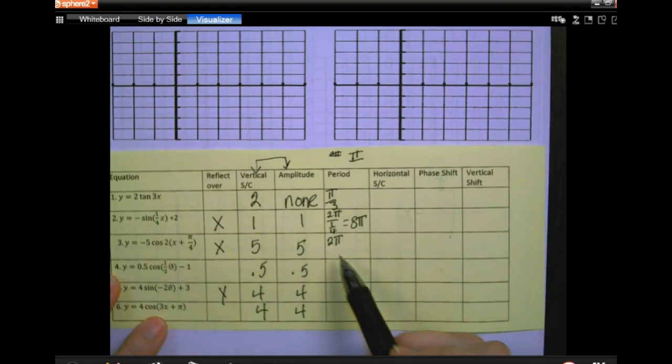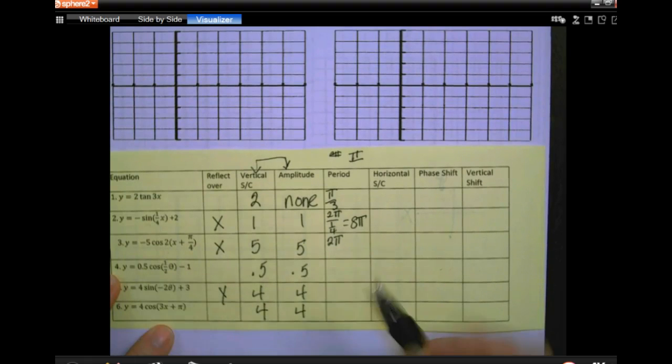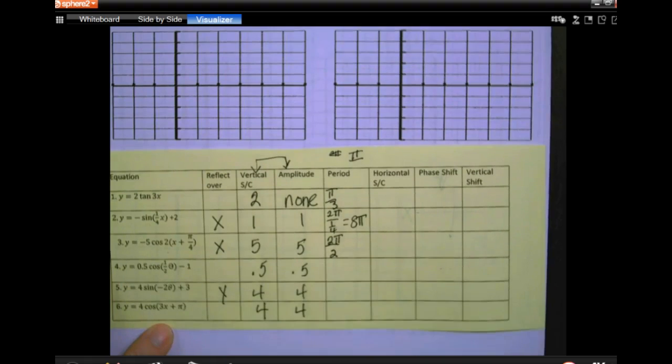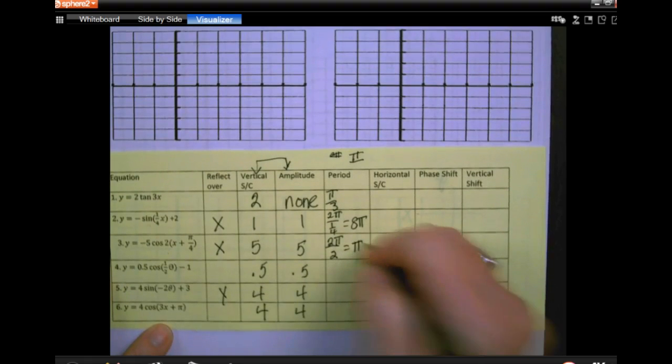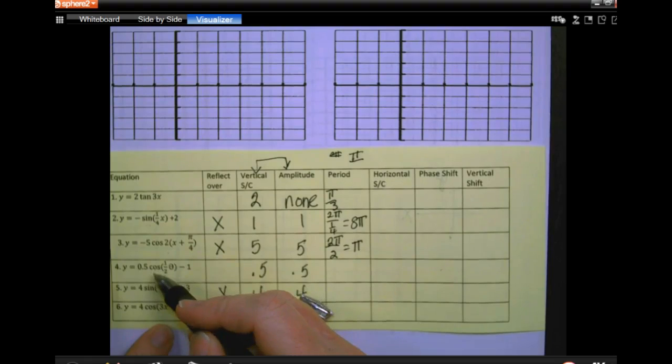So you divide that by 1/4. Correct. Flip it. Right. So watch. Cosine, it's still 2 pi, right? What's the number in front of the x? 2. So if I divide by 2, what happens? All right. Again, cosine.